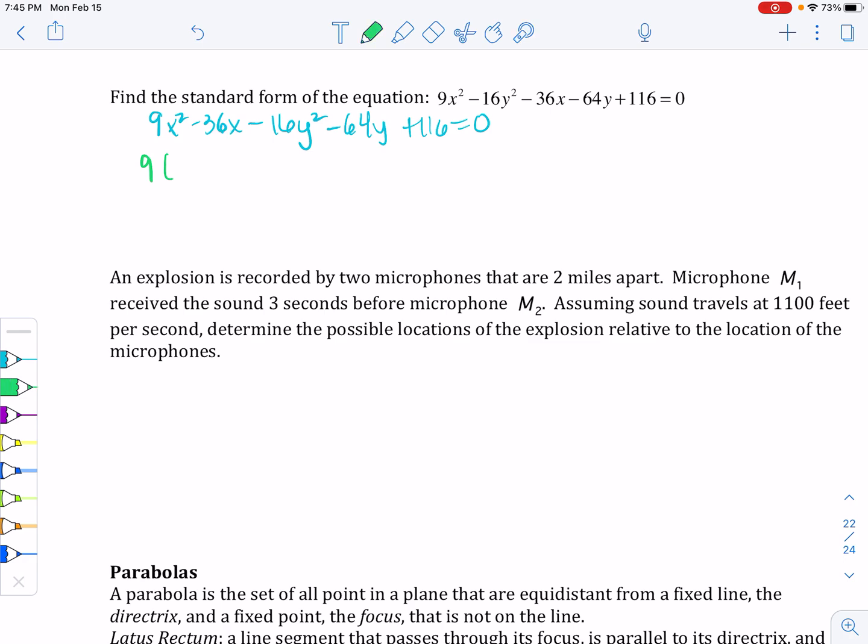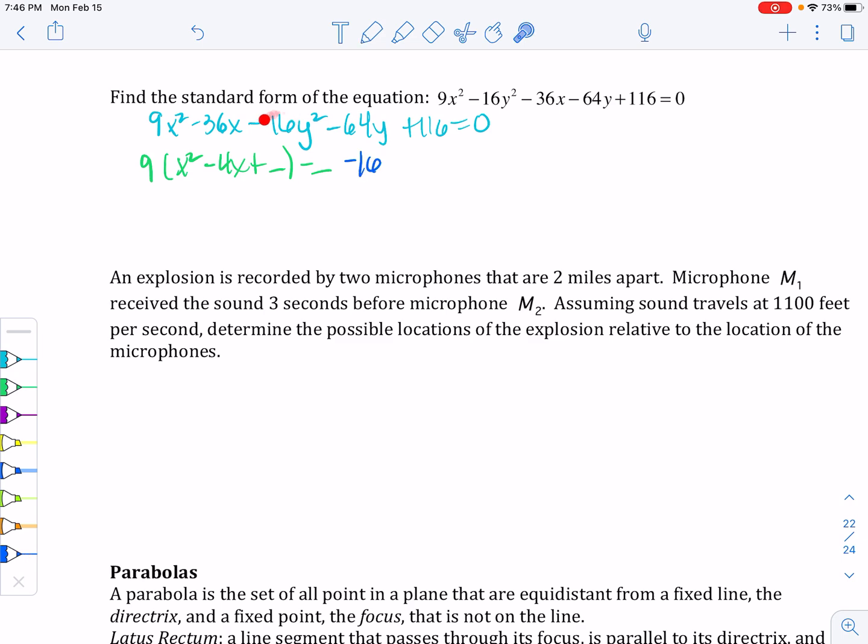So 9x squared divided by 9 is x squared. Negative 36x divided by 9 is negative 4x. Plus blank minus blank. And then here with our y squared, notice there's a negative in front of here. So I'm going to factor out a negative. You do have to be really cautious of your negative.